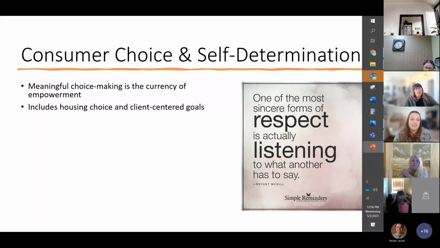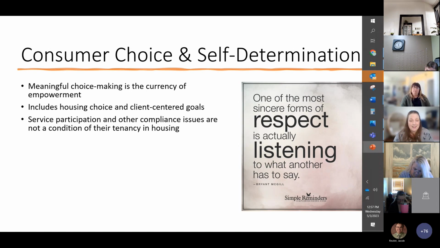So when we're talking from a housing first perspective on consumer choice and self-determination, it's not only about where they live, it's about what they want their life to look like after they move in. What do they want their services to look like? And again, when we're working with landlords in housing navigation, and talking to them about the program, we echo very much what one of the presenters talked about in that video.